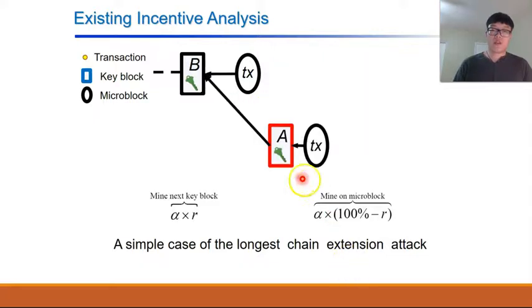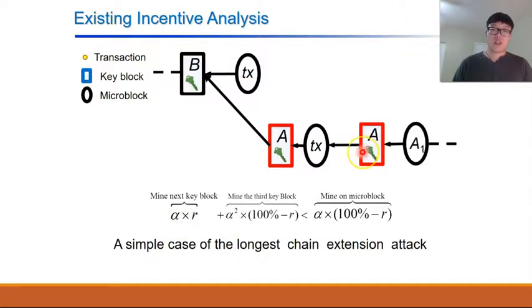By contrast, if the adversary rejects this macro block and mines directly on the previous key block, and happens to produce the next key block, it will re-include this transaction in its own macro block. So in this case, the adversary will win R fraction of the transaction fee, and the probability for this case is alpha.